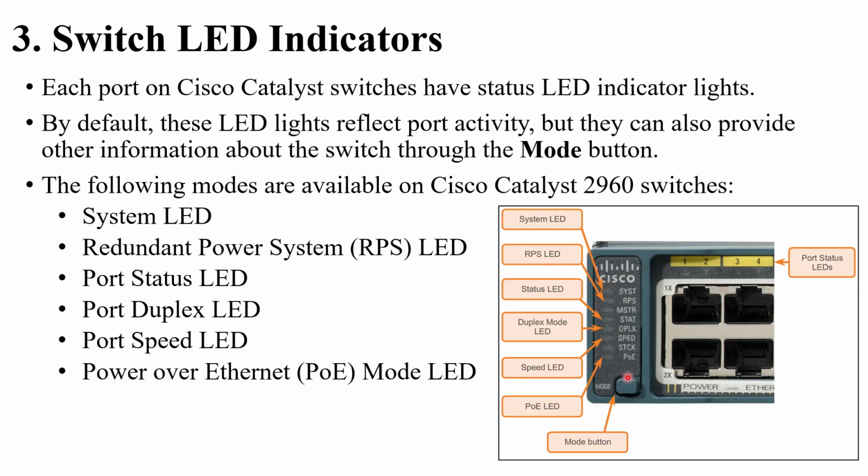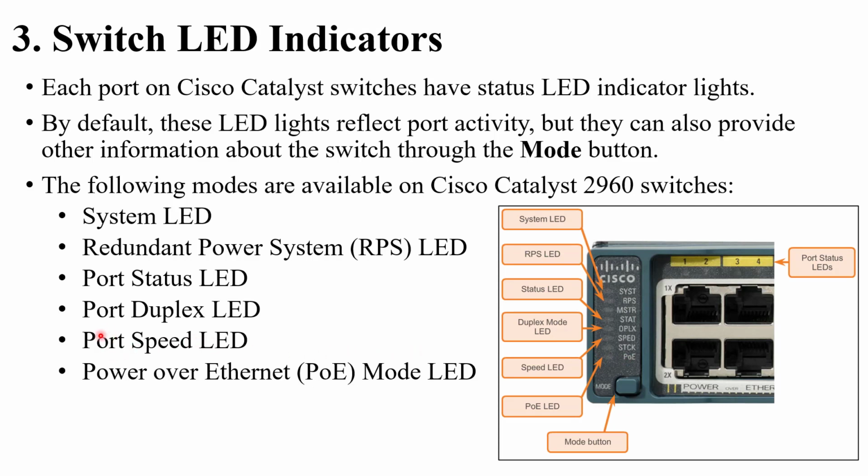Now, what is the system LED? Suppose your switch is on and connected to electricity; you are going to see this system LED in green color. Then redundant power system LED, port status LED, and there are so many different varieties. I'll just tell one or two, that will be enough.